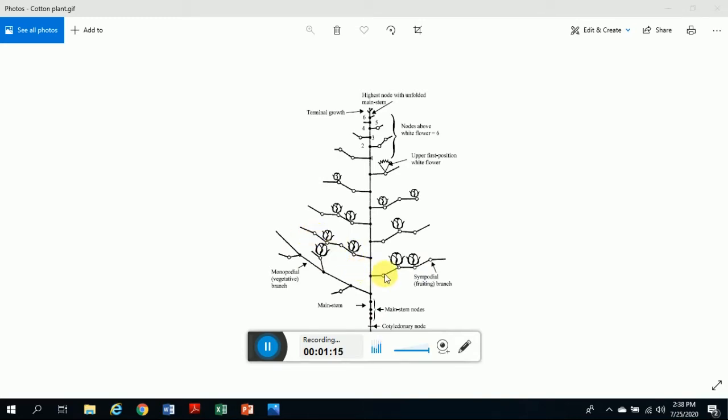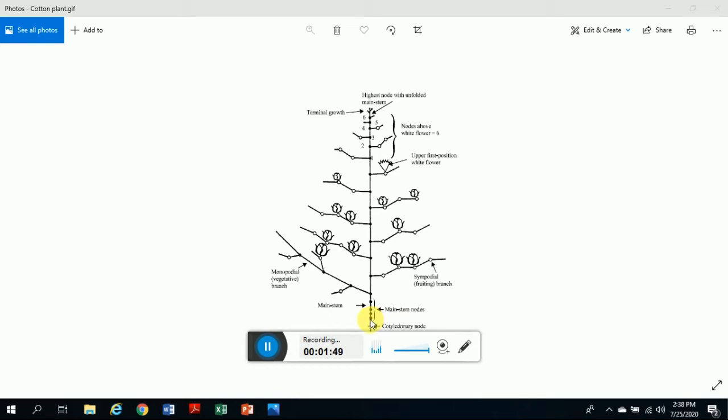Now we have discussed the calculation of the age. Basically, from germination to the development of the first cotyledonary node, the cotton plant normally requires 7 days. From one node to the next, whether it is a main stem node, it requires 2.5 days.